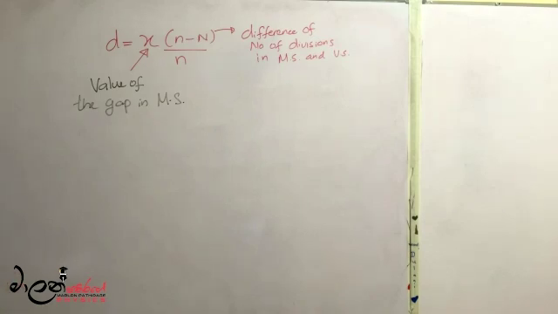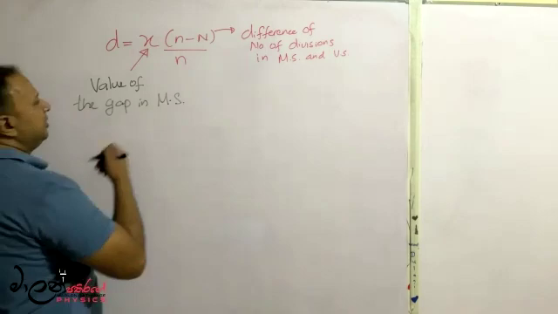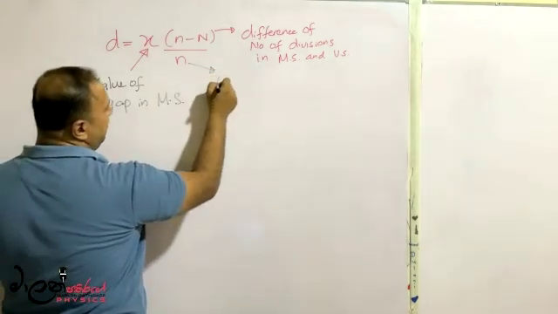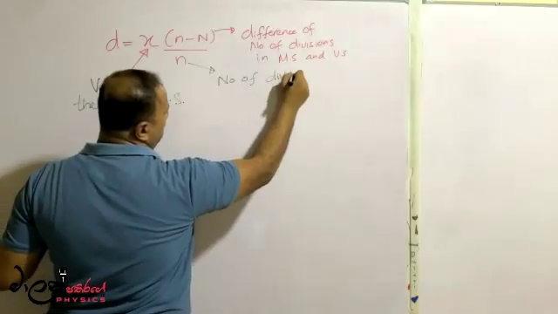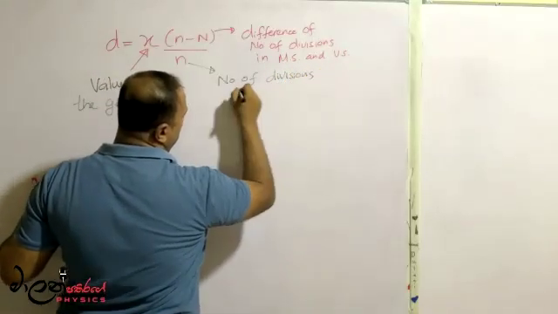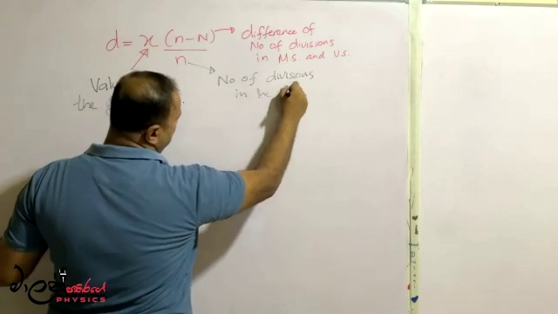And n is the number of divisions in the vernier scale.